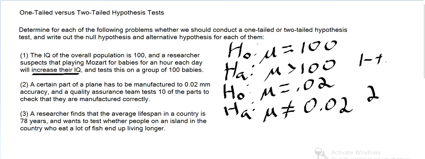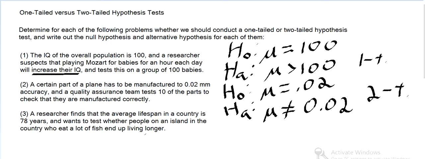And so that's a two-tailed test, because it can be bigger or smaller. We're not told it's one way or the other. It can be either way. They're just testing if the accuracy is different from 0.02.